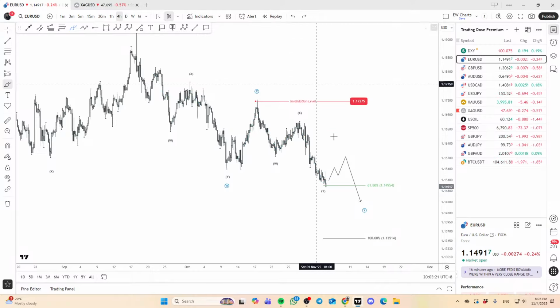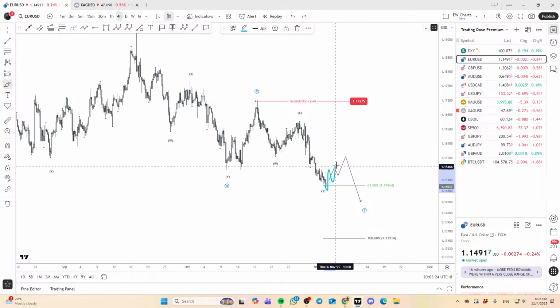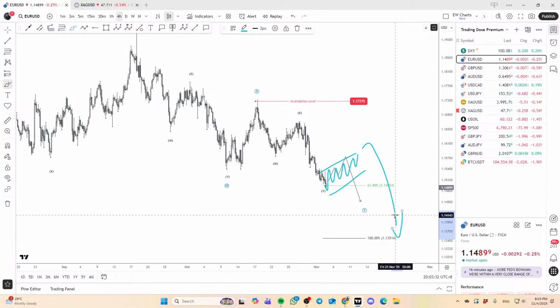This is the expectation where we can anticipate price will pull back a little bit. If it's going to be pulling back correctively, that opens up the opportunity to look for a sell trade, and then the target, as I mentioned, is at 1.1350.